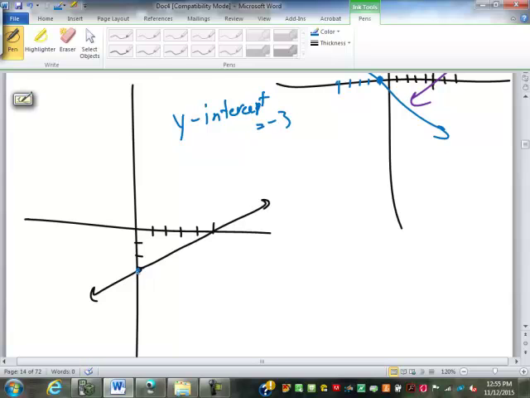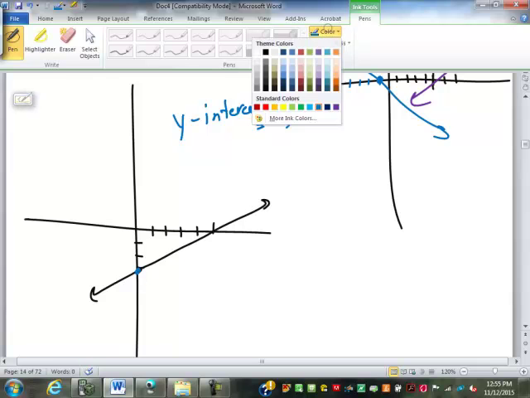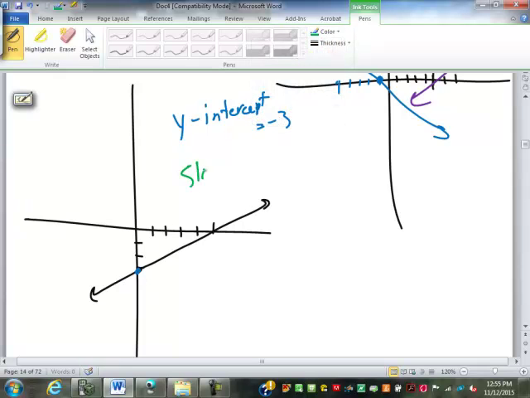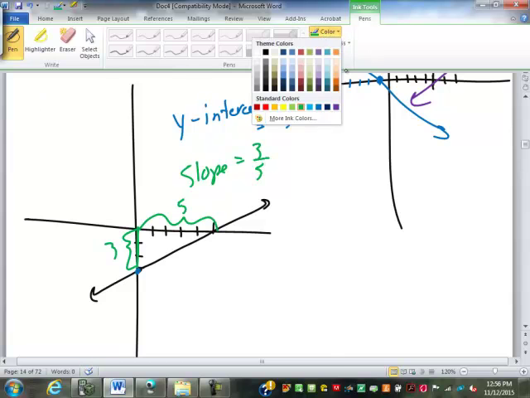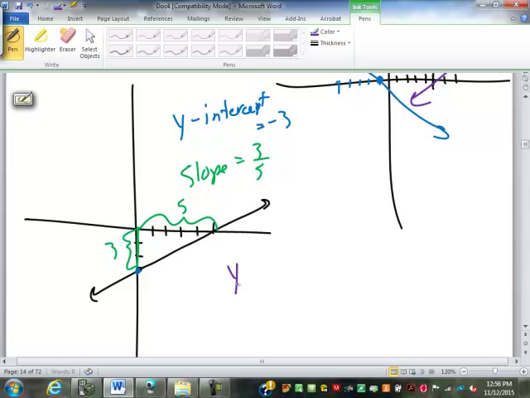It goes through right there, -3. What is the slope? Well, we have a rise of 3 and a run of 5. So it is 3 over 5. The equation of this line then is y equals 3/5 times x minus 3.